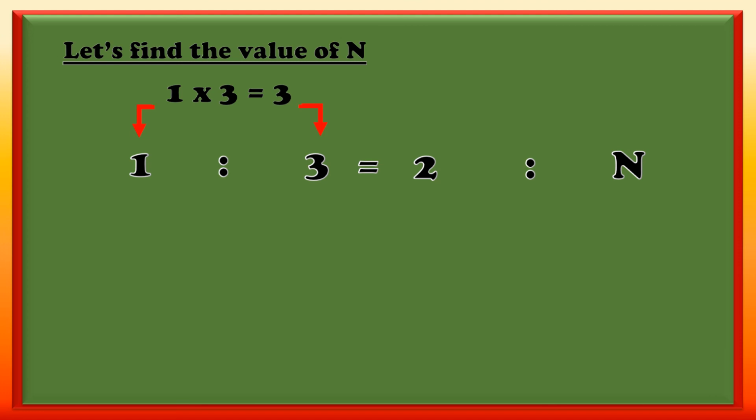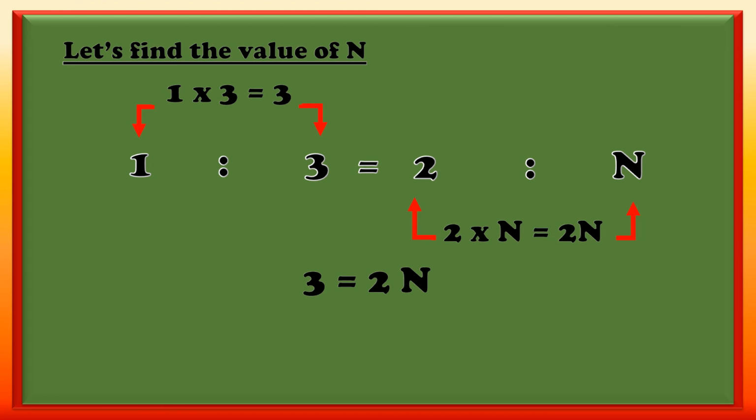And get the product of the terms in the second ratio, and that is 2 times n, and that will give us 2n. Then we equate the two products. So 3 is equal to 2n, or 2n is equal to 3.